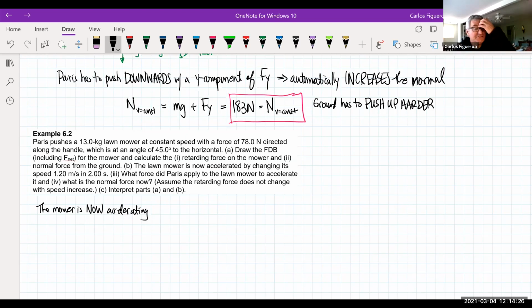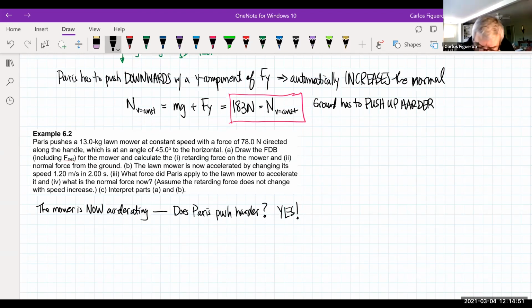If the mower is being accelerated, we could ask the question, does Paris push harder? And the answer is yes. She absolutely has to push harder.